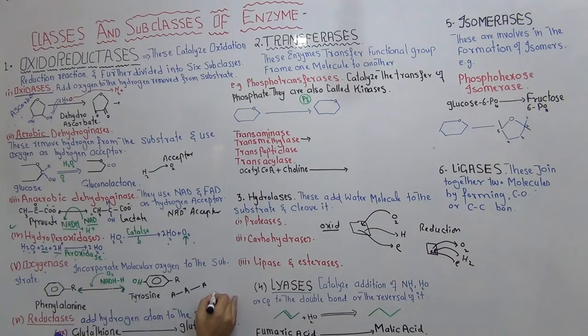When 3 amino acids are linked together, they form glutathione. Once again, there is no need to find the structure of these amino acids. You just notice here, these are 3 amino acids linked, and they are called glutathione.